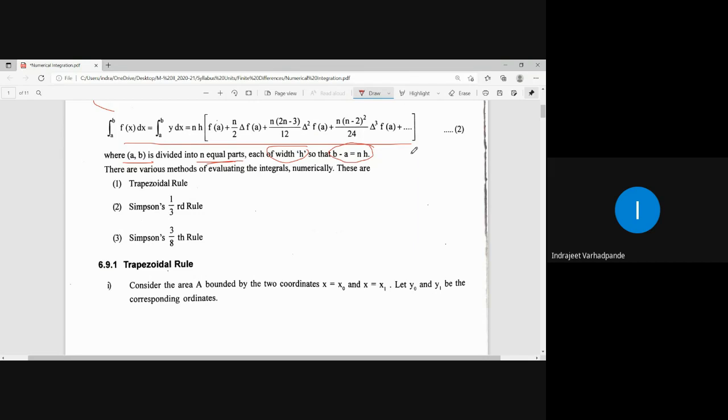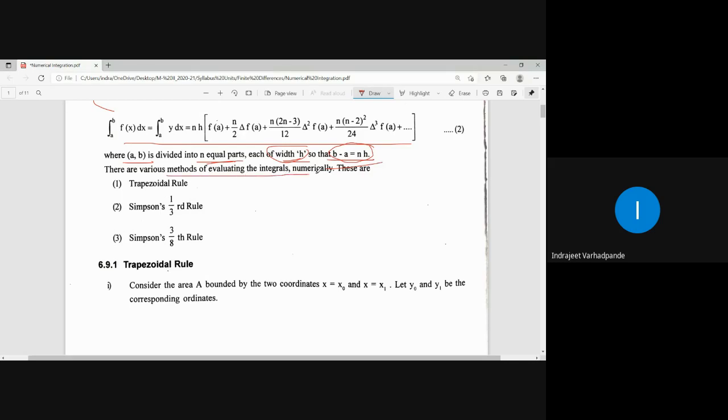What is a? a is the lower end of the interval. What is n? n is the number of equal parts into which it will be divided. And h signifies the common difference, that is, the width h of each part. You need to keep in mind this important formula, b minus a is equal to n into h.